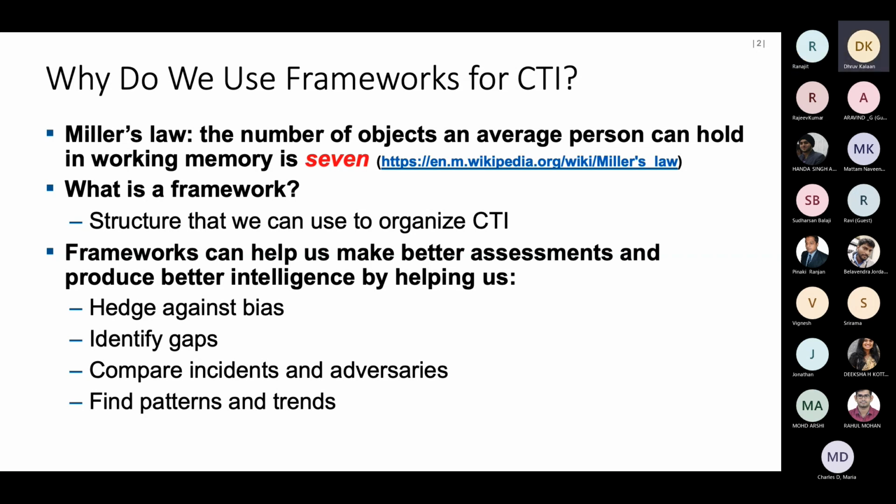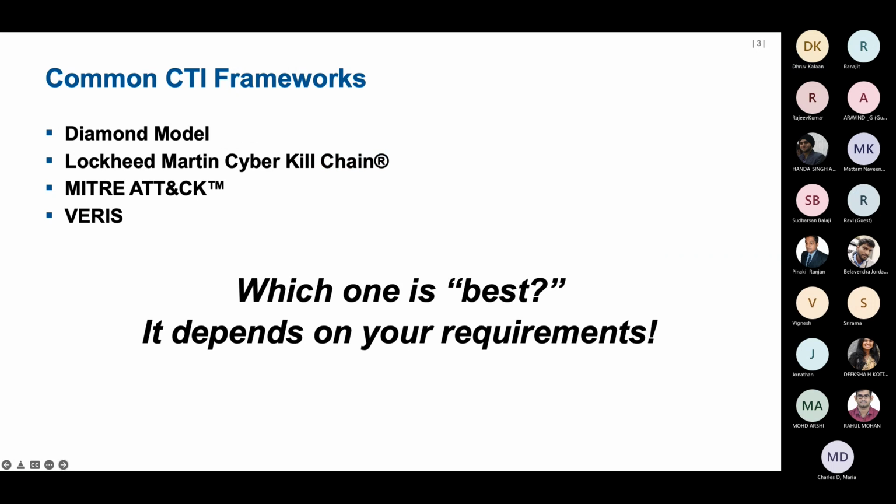Perfect. All right. Moving on. There are four major CTI frameworks that anywhere you go in the world, any vendor you go to, anybody you talk to, you will end up talking about one of these four CTI frameworks that people base their analysis on.